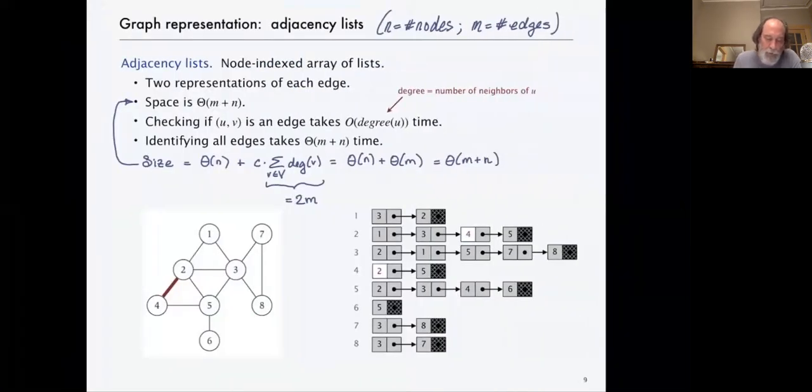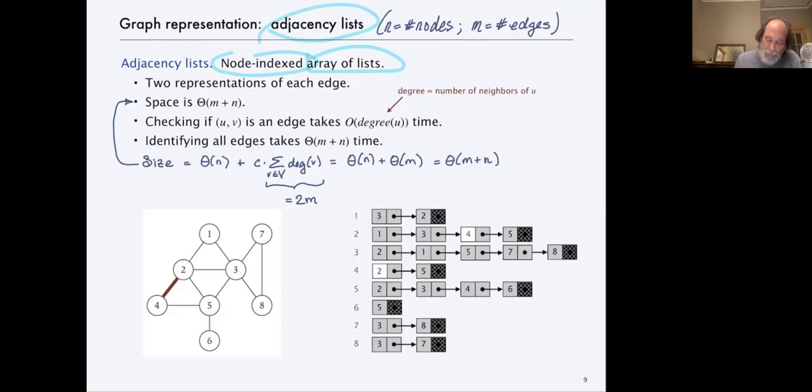All right, the second one is the adjacency list representation, where we have an array of lists. The array is indexed by nodes, right? And the list associated with each node is a linked list, normally of the other nodes that are neighbors.